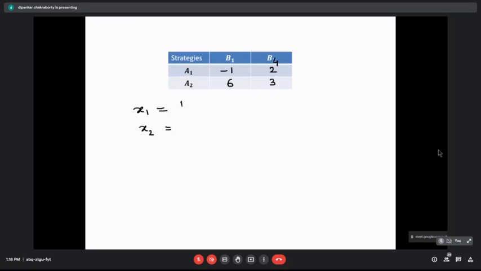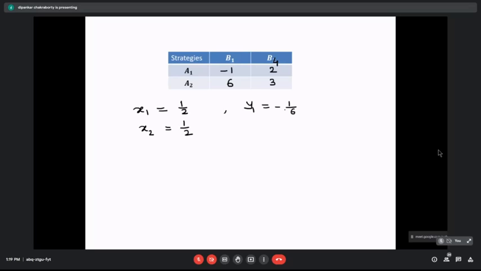Half. x2 is also half then. y1 is -1/6. Yes.